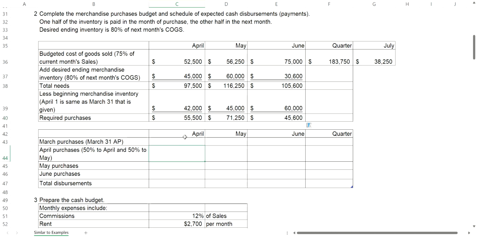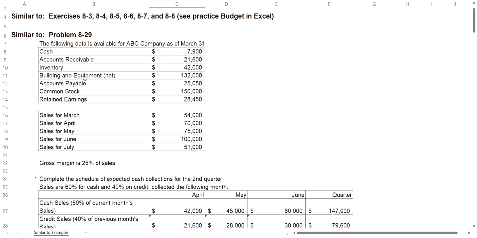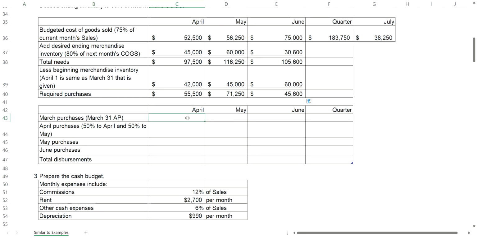Okay, let's go ahead and do March's purchases. So on March 31st, that would be our accounts payable balance, the purchases that we still owe for. So I'll go back up here. Accounts payable on March 31st is $25,050.